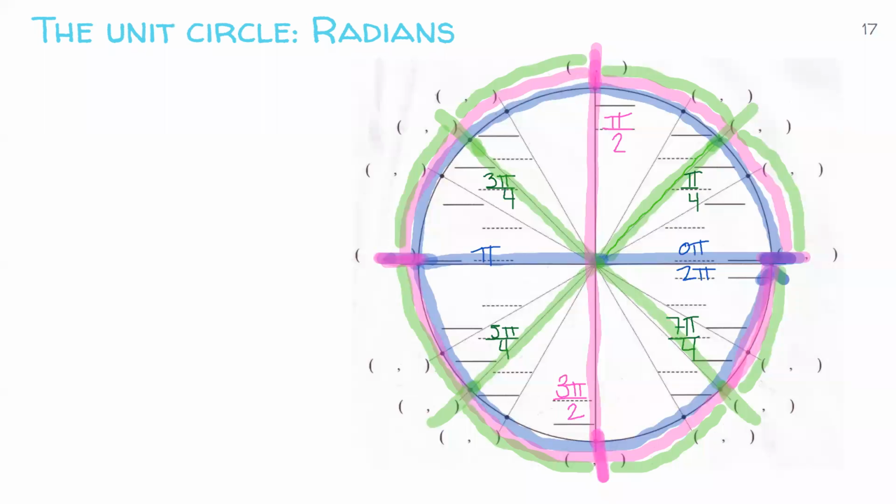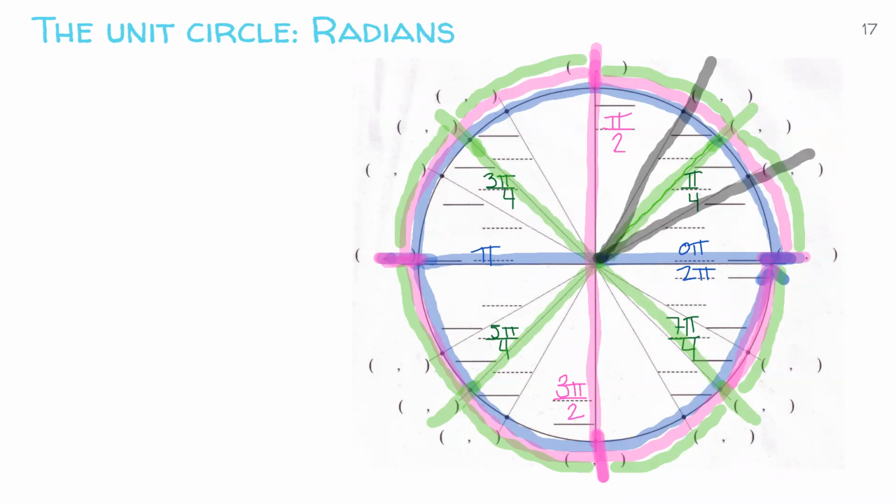Basically we've worked around the unit circle, cutting it into pieces and measuring that arc length, and that's what gives us a radian. So now we're going to go back and focus on quadrant 1. We can see that a quarter of our circle is pi over 2 radians, and we want to break that quarter into 3 pieces.